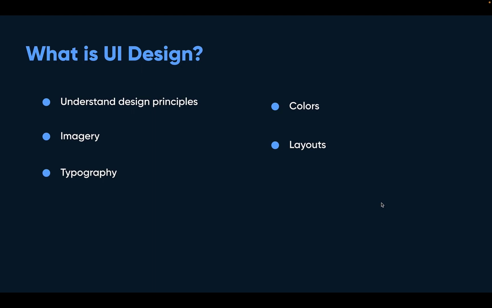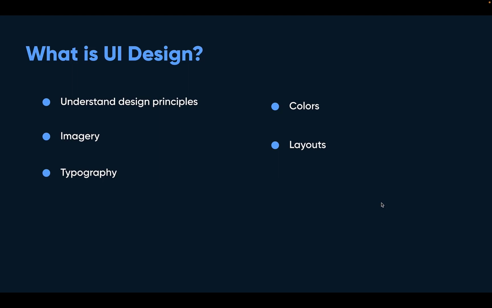Colors have meanings, right? In every culture, different colors mean different things, and colors can also cause you to feel different emotions. So your understanding of how to use colors could guide you to create a good user experience.